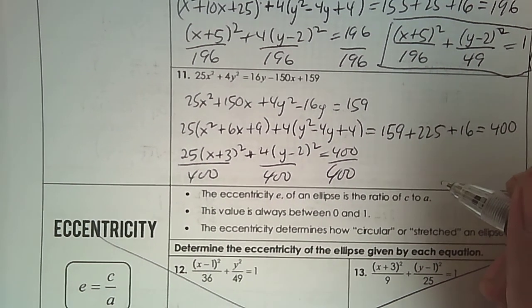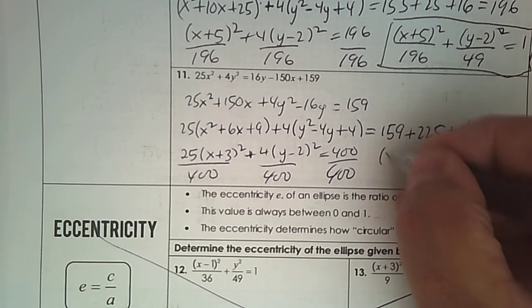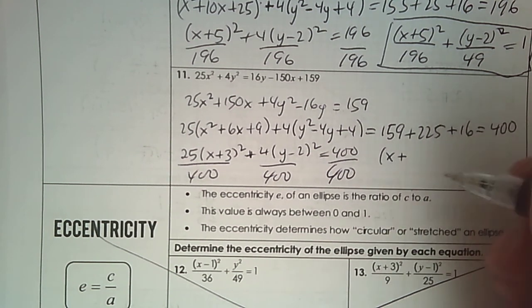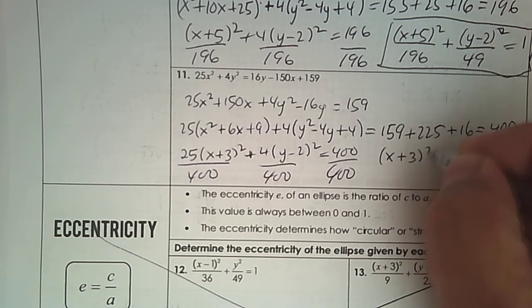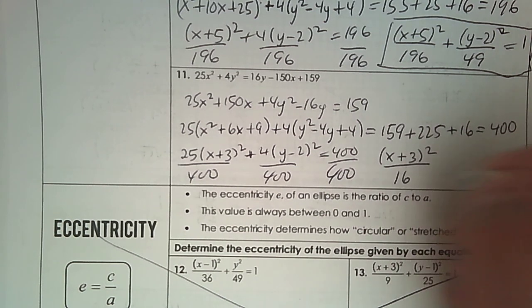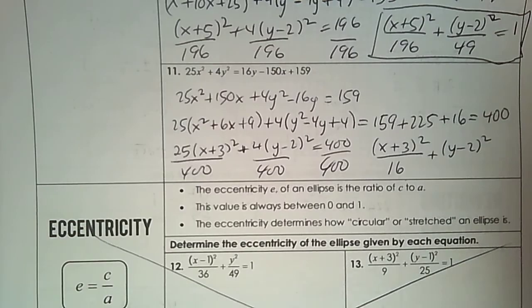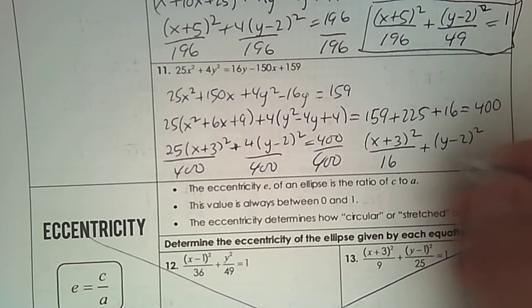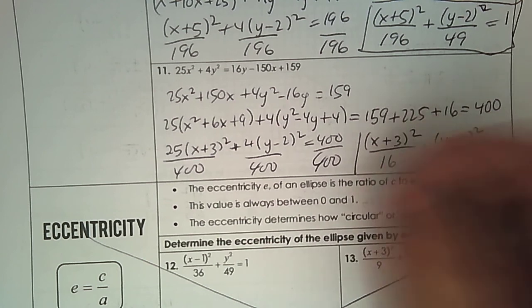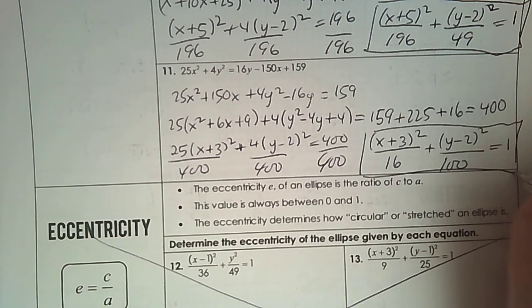That's 16. So x plus 3 squared over 16. Here, divide by 4. So 4 goes into 400. How many times? That's 100. And then, of course, 400 divided by 400 is 1.